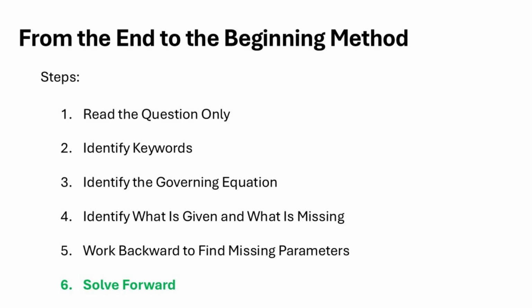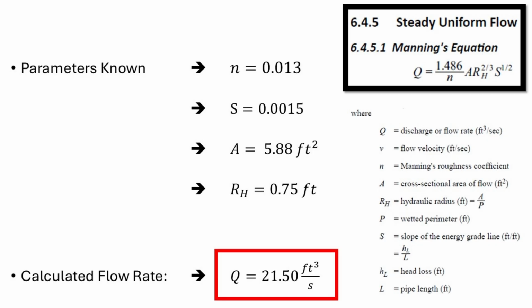So, number 6, solve the problem forward. You have now gone from the end of the problem back to the beginning, logically and efficiently. Now that all parameters are identified, you are going to substitute these values into Manning's equation to solve for the flow rate Q. No confusion, no unnecessary reading, no wasted time.